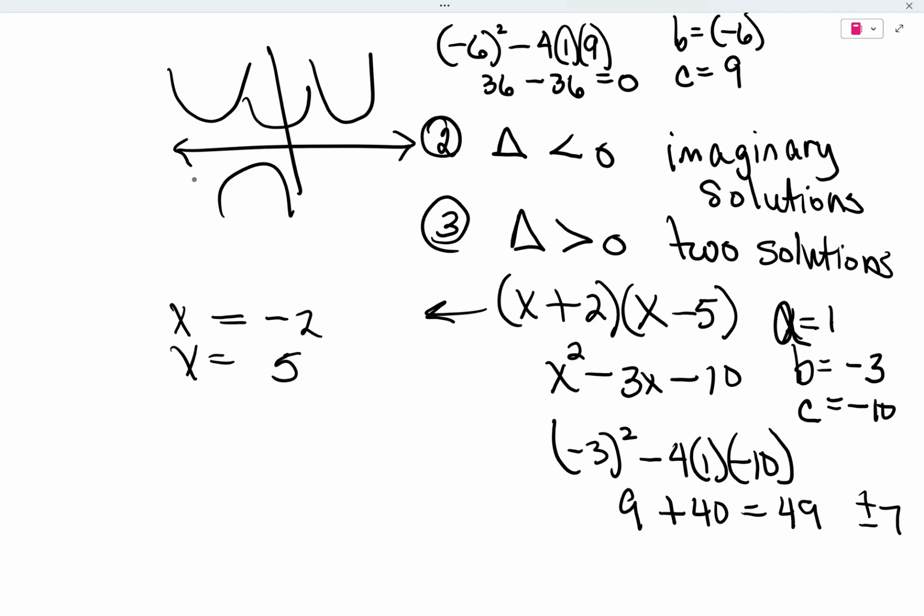Okay, so if I go to Desmos, I can prove it. Let me write this down somewhere so I don't forget what I'm doing. Okay, so I'm going to graph x squared minus 3x minus 10. And I want you to see the big picture. If I do this on Desmos, you'll notice this is going to cross the x-axis at negative 2 and positive 5. So watch.